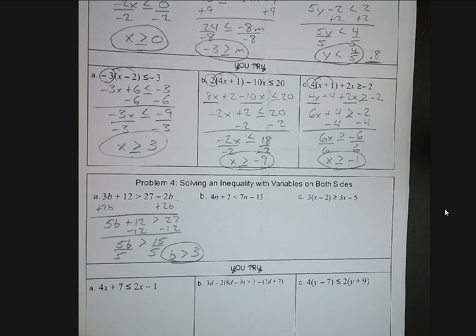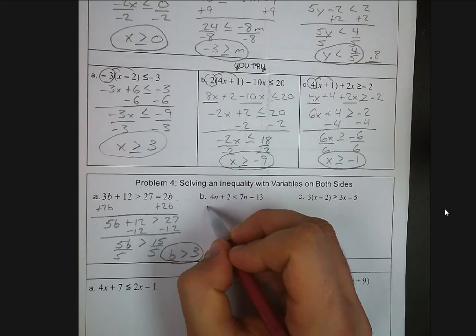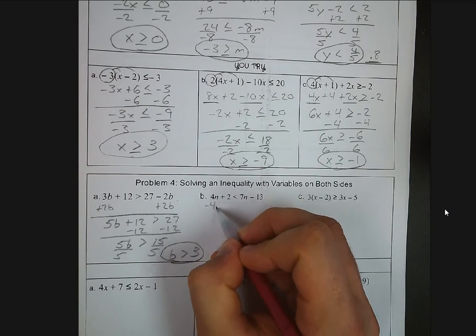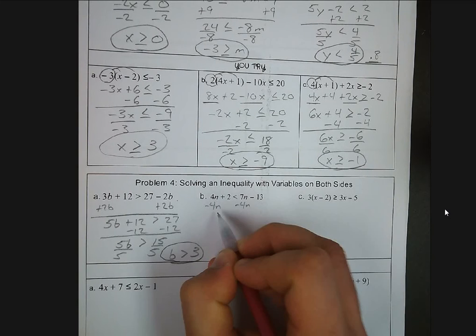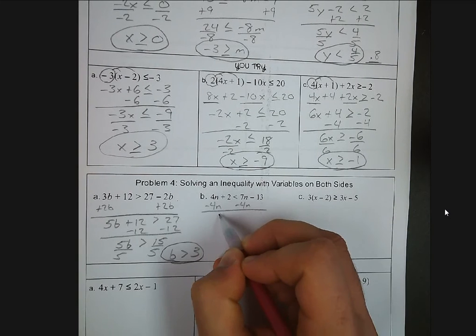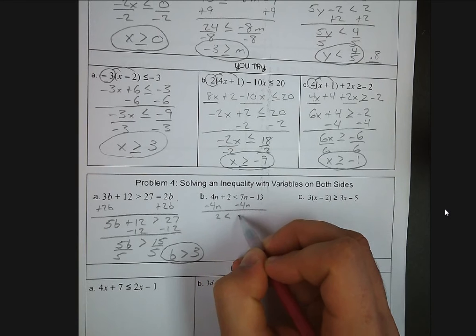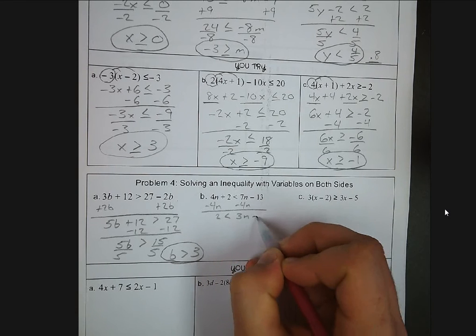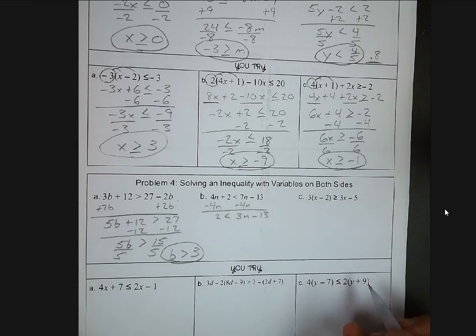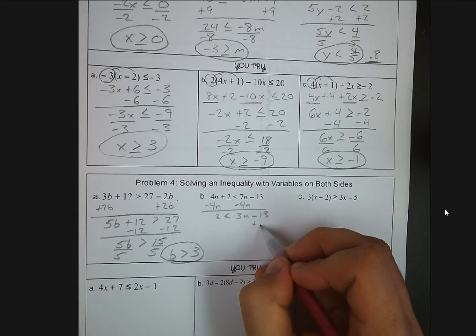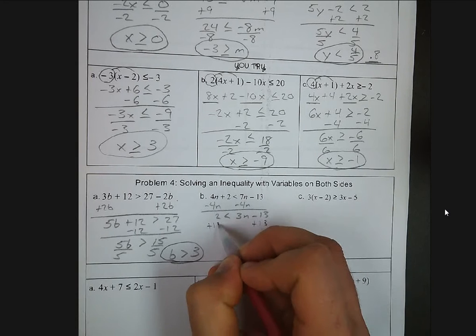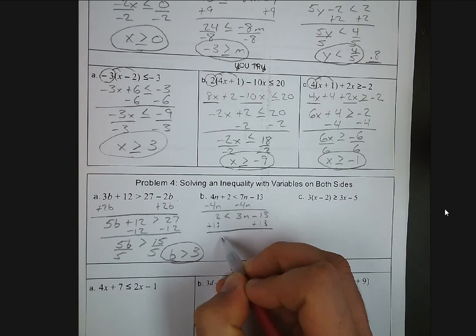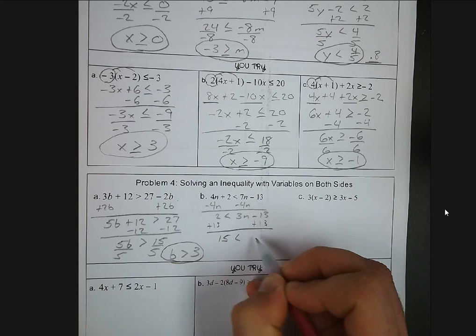Letter B, 4n plus 2. So let's subtract that 4n from both sides. So we have 2 is less than or equal to 3n minus 13. We're going to add 13 to both sides. 15 is less than 3n.